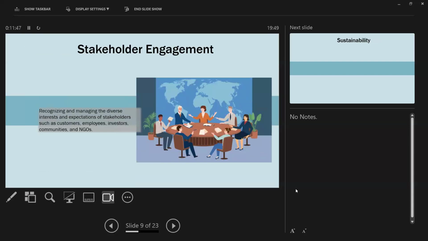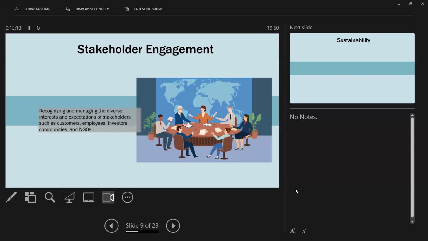Now let's look at another facet there, which is stakeholder engagement, right? So stakeholder engagement, we're talking about recognizing and managing the diverse interests and expectations of stakeholders, such as customers, employees, investors, communities, and NGOs.